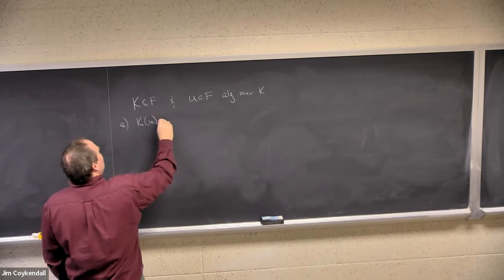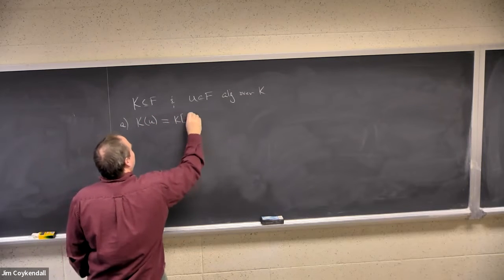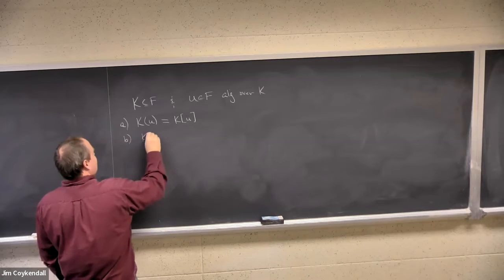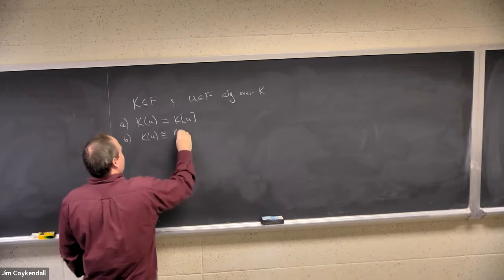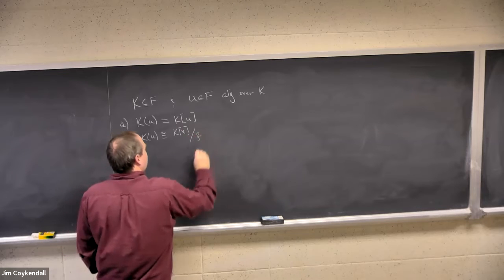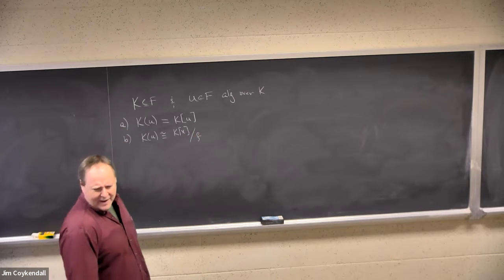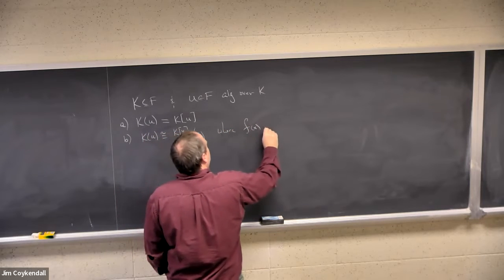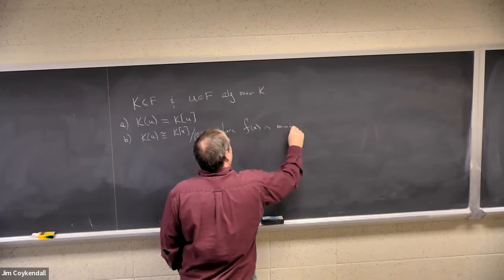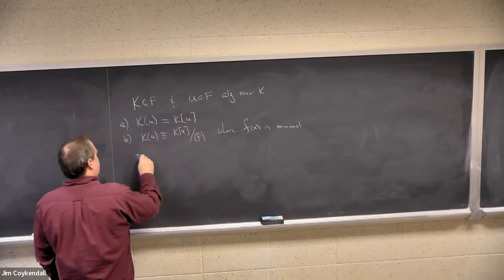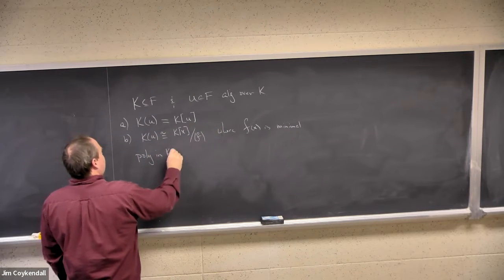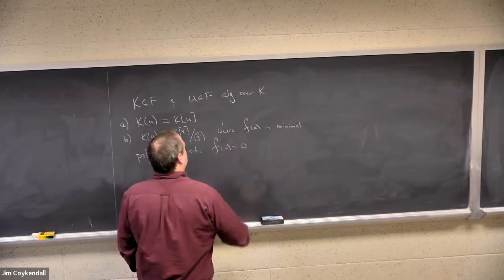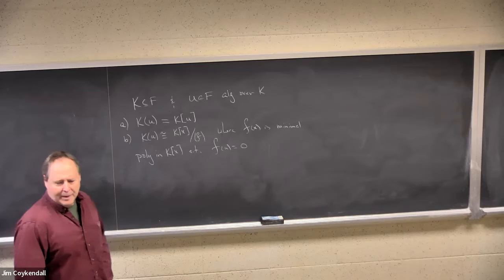So this is what we were going over. X modulo the ideal generated by f, where f of x is the minimal polynomial such that f of u equals zero. And when I say minimal, I mean with respect to degree.